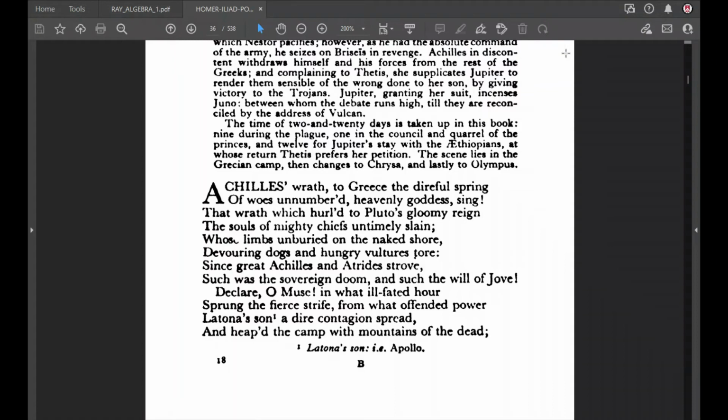Now, at that point, you don't know who this goddess is. He's asking the goddess to do something for him. He's saying, sing to me, heavenly goddess, about the wrath of Achilles. He's praying that this goddess would tell him about the wrath of Achilles.